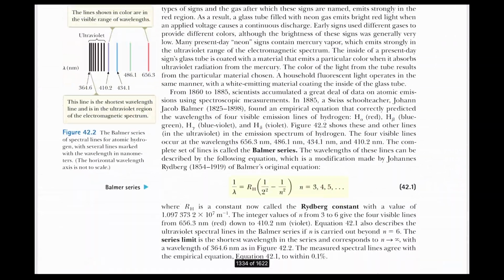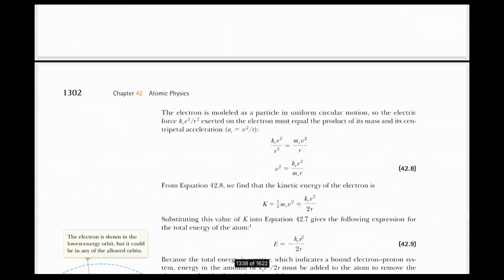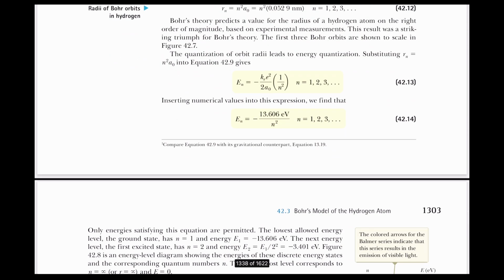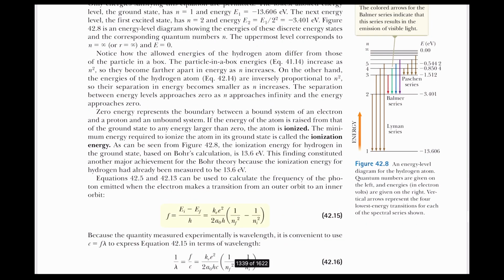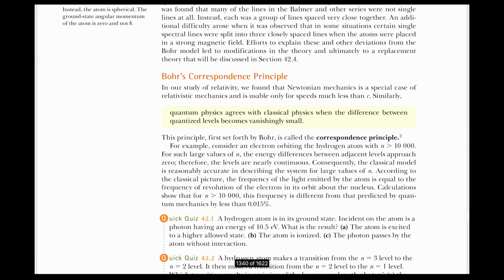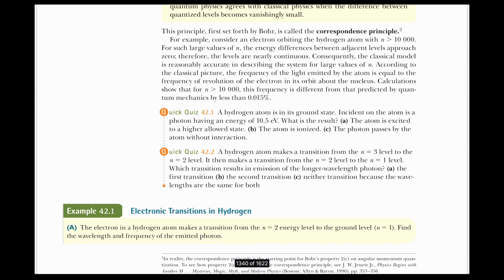It's one of the equations that I showed you there, with n final squared minus n initial squared. So I found out that the difference between n equals 1 and n equals 2 is 10.2 electron volts.